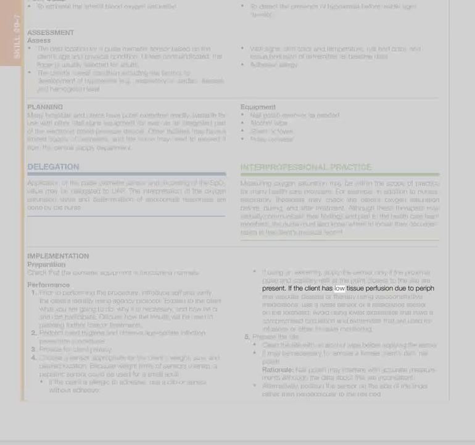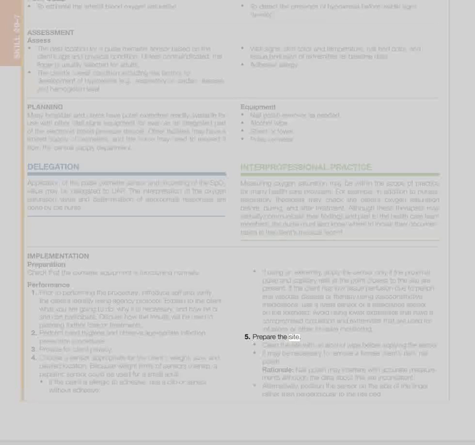If the client has low tissue perfusion due to peripheral vascular disease or therapy using vasoconstrictive medications, use a nasal sensor or a reflectance sensor on the forehead. Avoid using lower extremities that have compromised circulation and extremities that are used for infusions or other invasive monitoring.